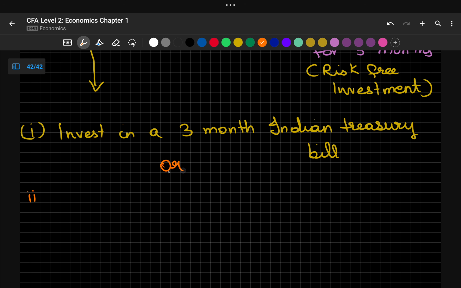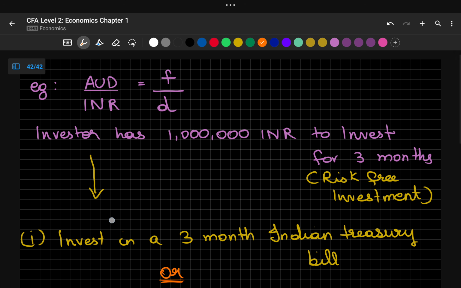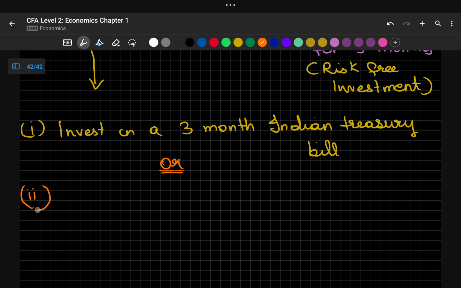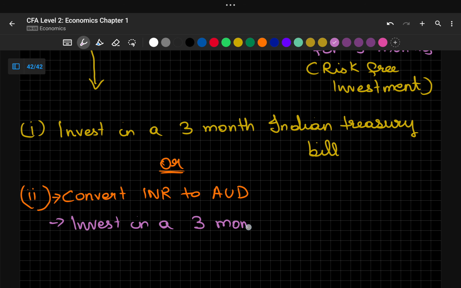Or since we have AUD, the second choice the investor would have is to convert INR to AUD, then invest in a 3 month Australian treasury bill.